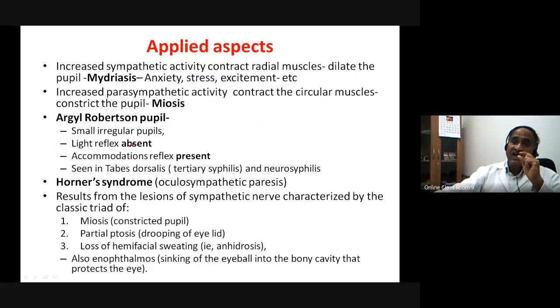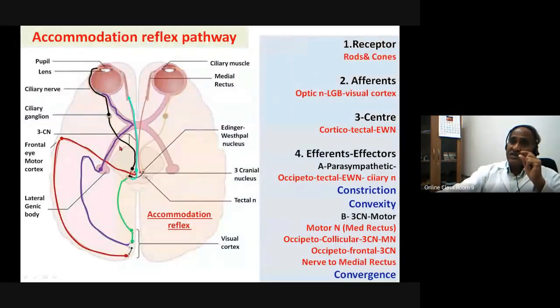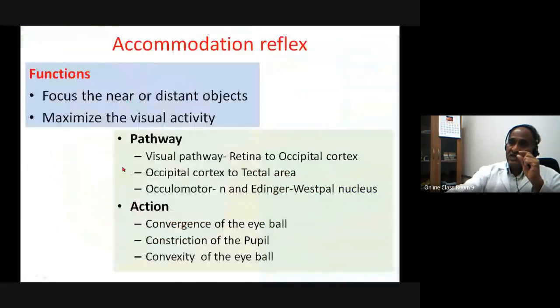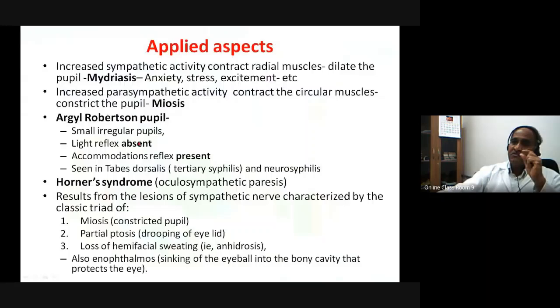And in this condition, light reflex is absent. Light reflex involves those particular pathways. So if I go back here, somewhere this pathway is involved. Some of these neurons here may degenerate. So there is an absence of light reflex, but the accommodation reflex persists. So this is Argyll-Robertson pupil.